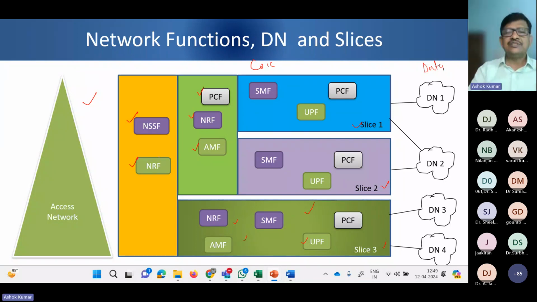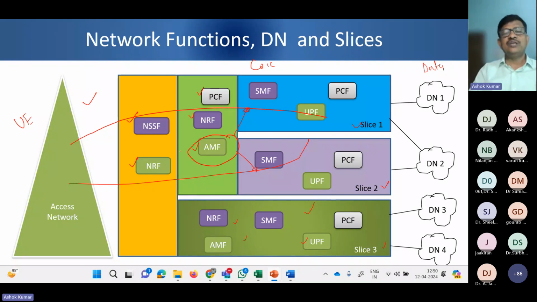So the one concept which I wanted to tell you is, suppose a user equipment is trying to access slice 1 and slice 2, right? In this case, it is defined that the same AMF has to give service for both the slices.